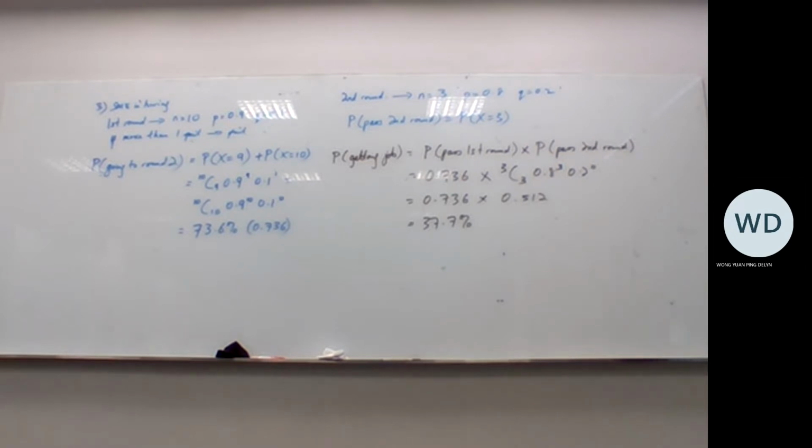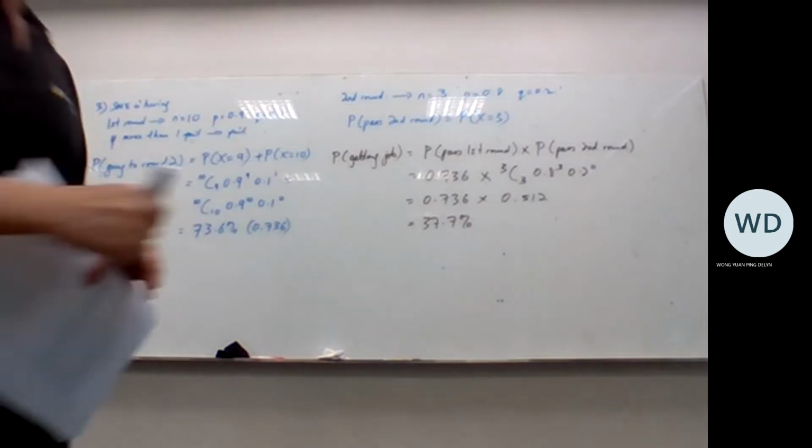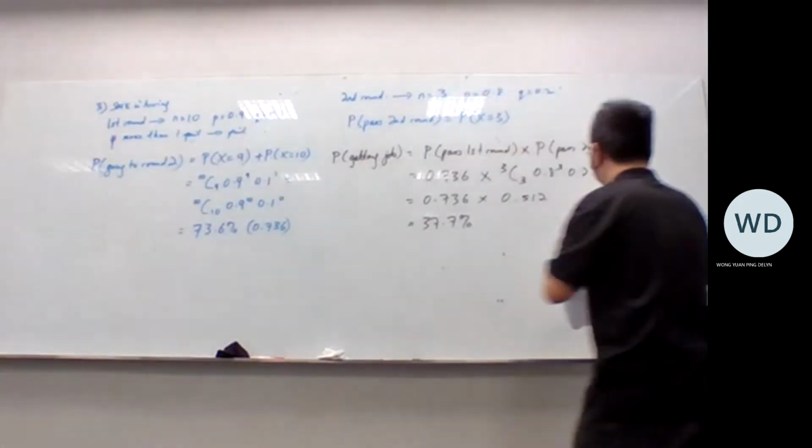After which you do the reverse. You're asking how many people I need to interview before at least 98% get the job. At least I have a person that can offer the job at the end of the day. How many people do I need to interview? So to do that is using the same equation as what we did before.